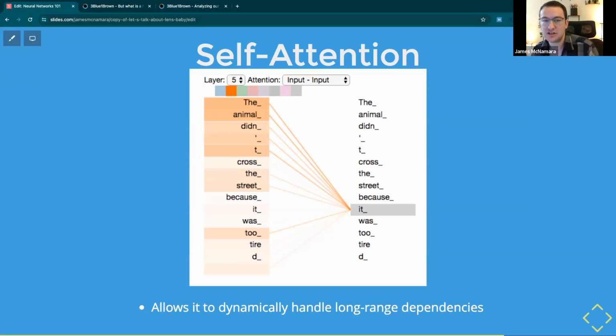All you need to do to get these things to generate arbitrarily is recursively run them: once it makes a generation of what comes next, add that to the window and rerun it. Do that again and again until it gives you the stop token, until it says, okay, I'm done predicting. That's how you get large windows. There's a ton of optimizations and minutia here, but fundamentally, that's really all it's doing.